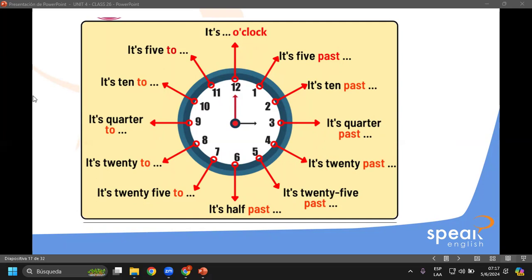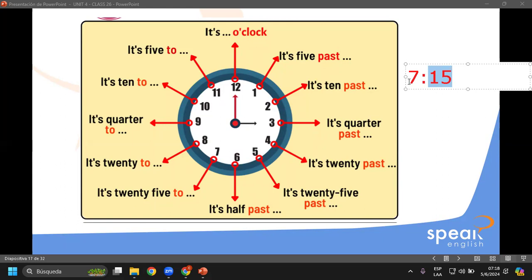Okay. Now, this is the most difficult way to say the time. There is an easier one. In the easiest form, we say the time just saying the numbers. Once again, the difficult form is a quarter past 7.